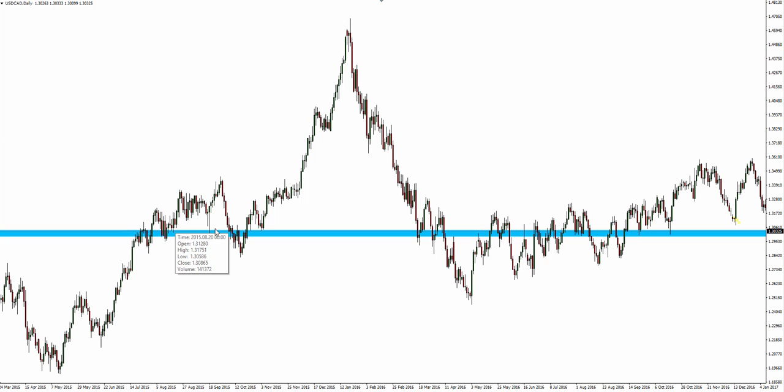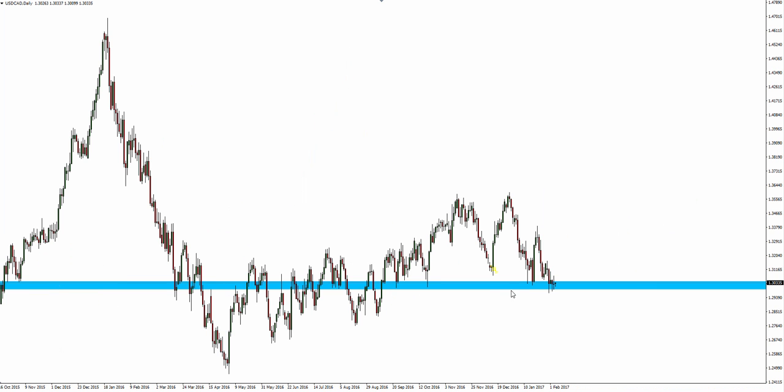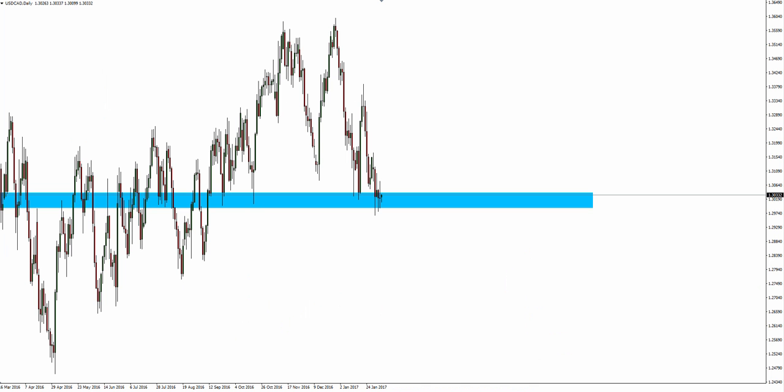And then going forward it's been traded as such: support, breaks, becomes resistance, breaks, becomes support, and so on and so forth. So this area is quite a magnet for price, and we're at that location now.